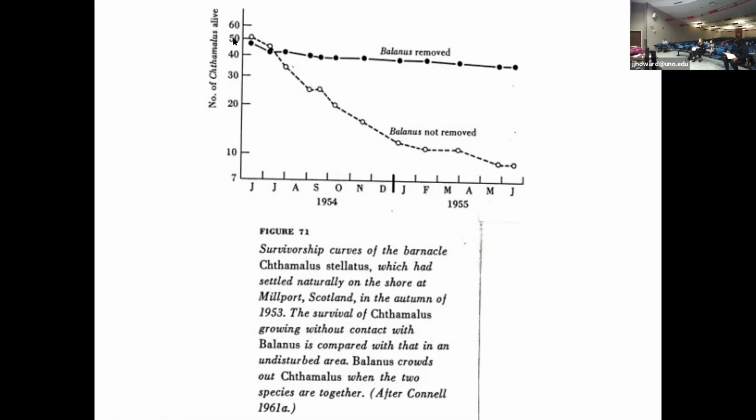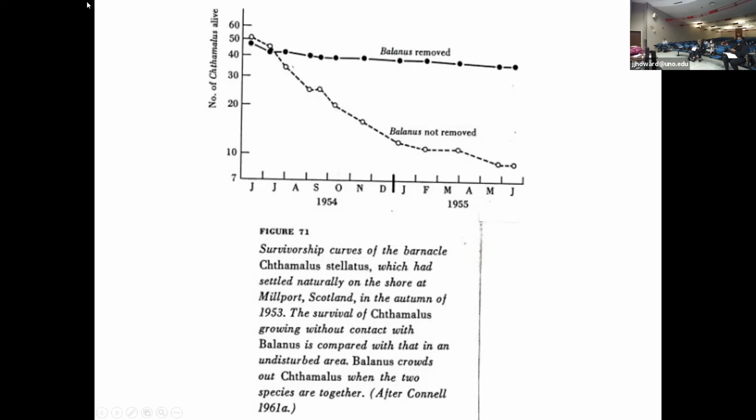You see the open circles here. The number of Thamnus in an experimental plot drops drastically and eventually goes to extinction. So Thamnus can colonize those areas, but if you allow Balanus to compete with it, they die out.